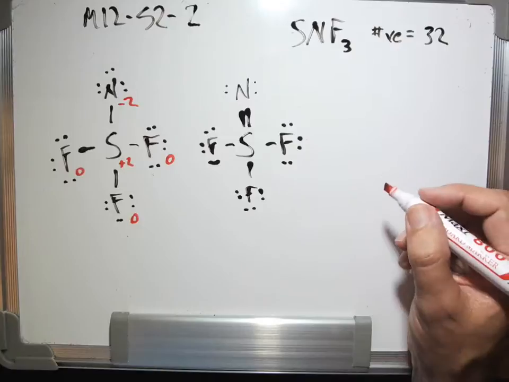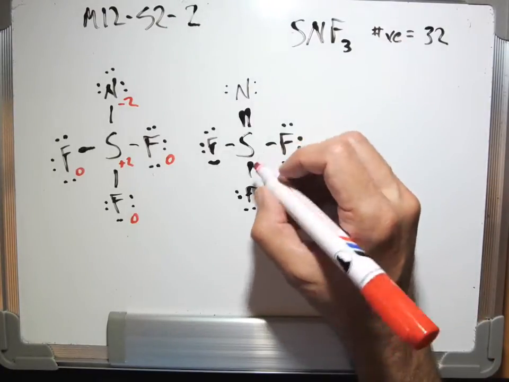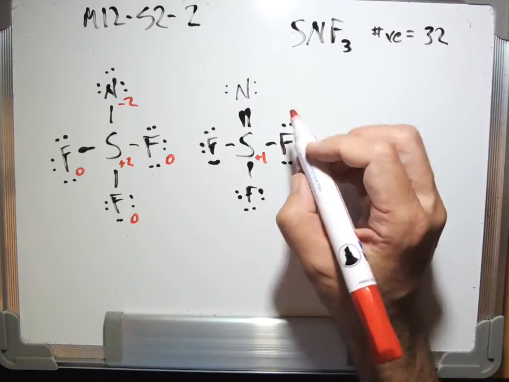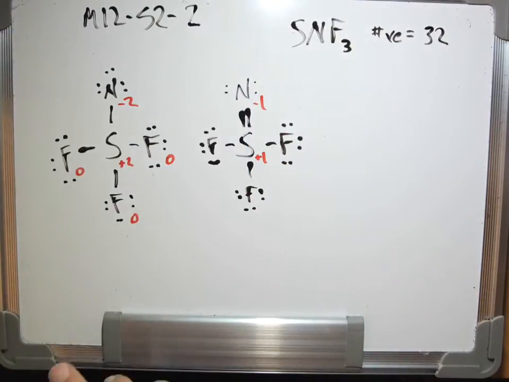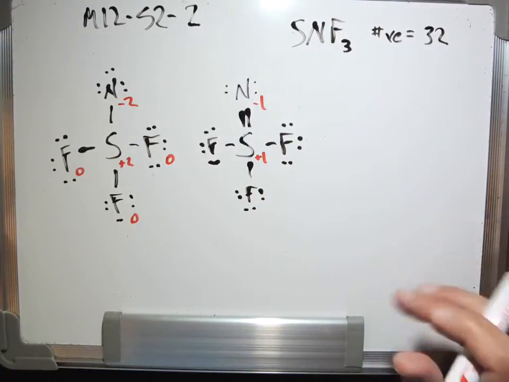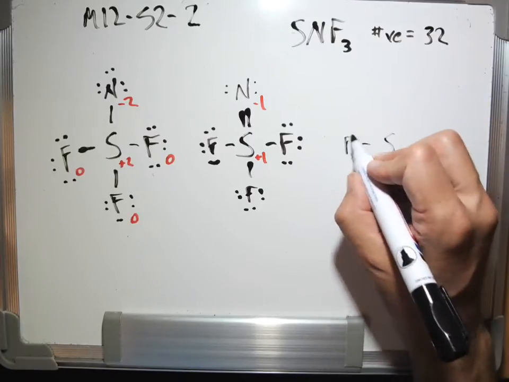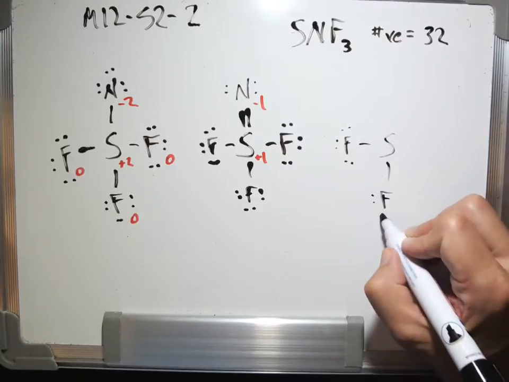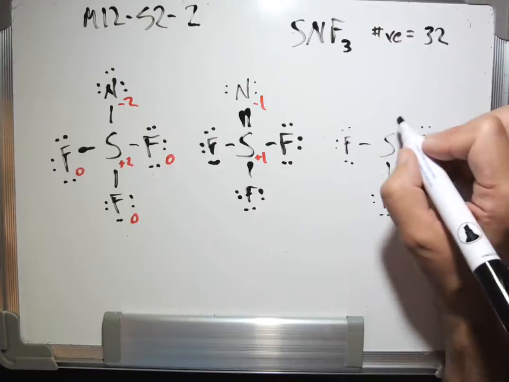And in doing so, notice what has happened to the formal charges. This has now been reduced by 1 to be +1. This has increased by 1 to be -1. And you may recognize I could do that same sort of operation again. There's my fluorine, my fluorine, my fluorine.